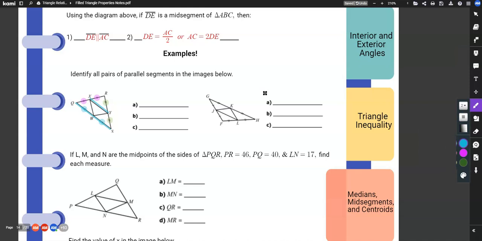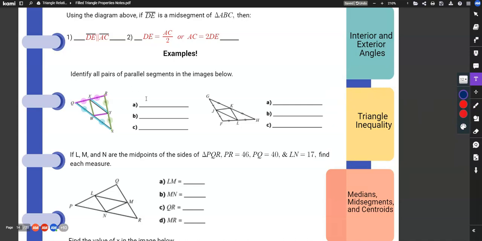So then again, I'm going to go ahead and highlight QR and the corresponding mid-segment of WY. And then finally RS and the corresponding mid-segment. And then here I'm going to go ahead and make a list.